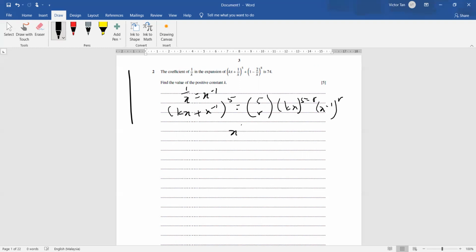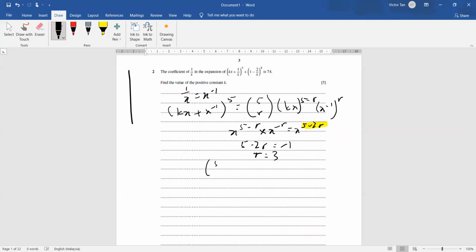Now just multiplying the terms in x, you will have x to the power 5 minus 2r. So you're interested in the power. This must be negative 1. 5 minus 2r is negative 1. r is 3.